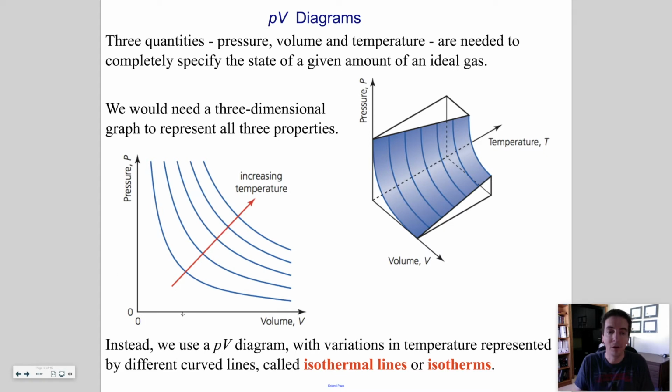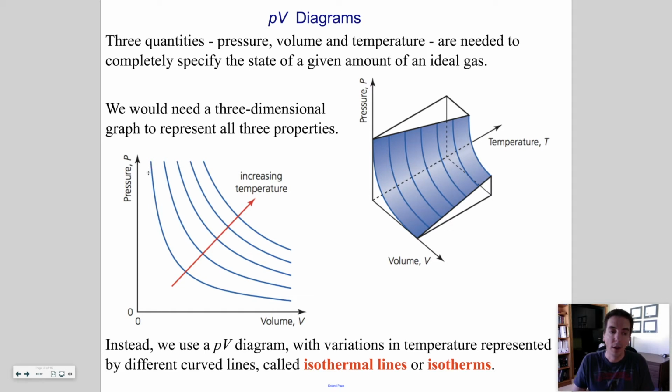We use what is called a PV diagram, where you've got pressure on the y-axis and volume on the x-axis, and then as you move from one of these lines to another line, which we'll get to, you're changing temperature. So these lines right here are curves, and they're called isotherms or isothermal lines.